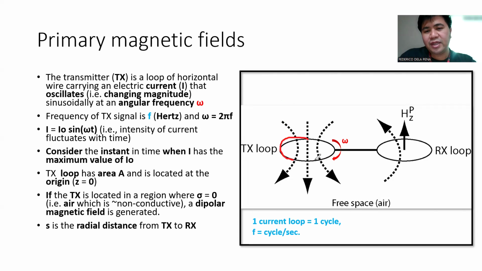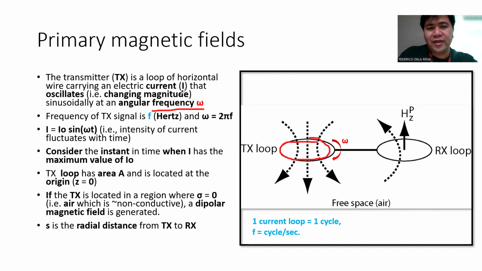Yes, one loop for the transmitter and one loop for the receiver. The current is essentially circling around the loop. And it has an angular frequency of, the Greek W, I think this is omega.